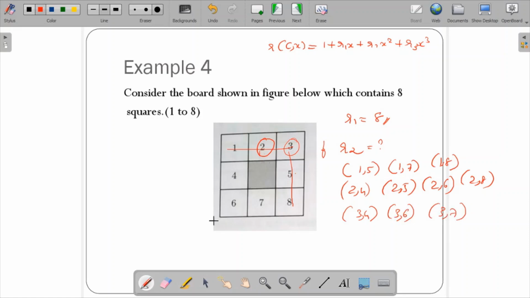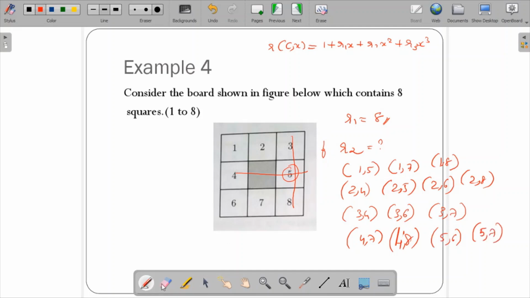Same row same column will not be there. Now for 4 this and this will not be there, so it will be 4 7 and 4 8. Next you'll go for the 5. For 5 this and this will not be there, so it would be 5 6 and 5 7. So these are the 2 pairs.